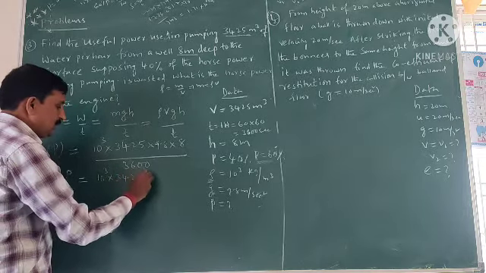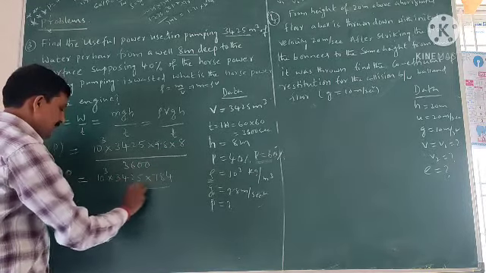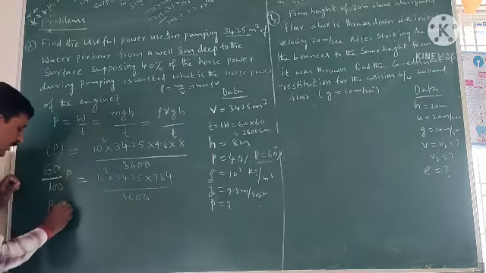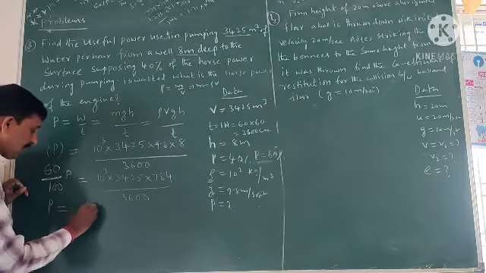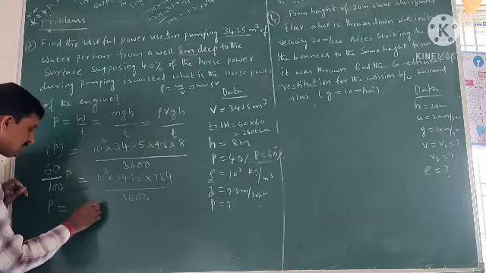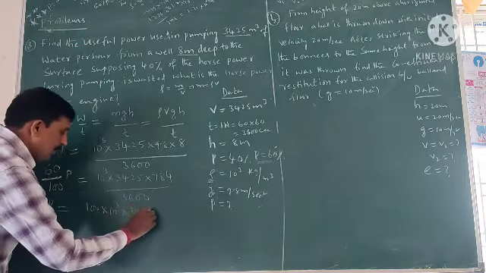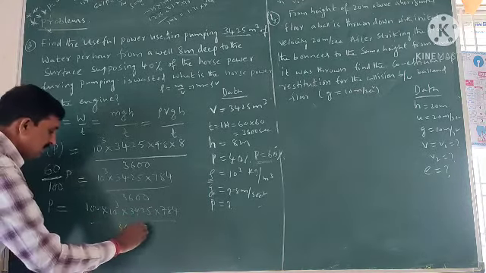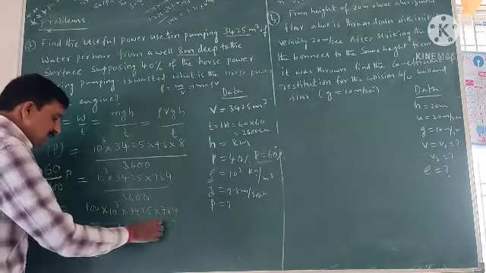3425 into 9.8 into 8, 784, divided by 3600. Now we want to find out the P value. P is equal to 100 into 10 power 3 into 3425 into 784 divided by 3600 into 60. Now these two zeros get cancelled, 1000 gets cancelled.